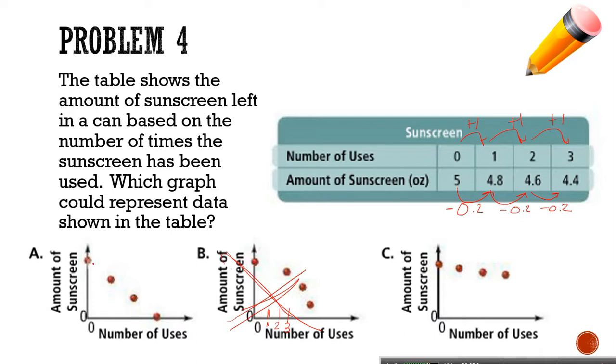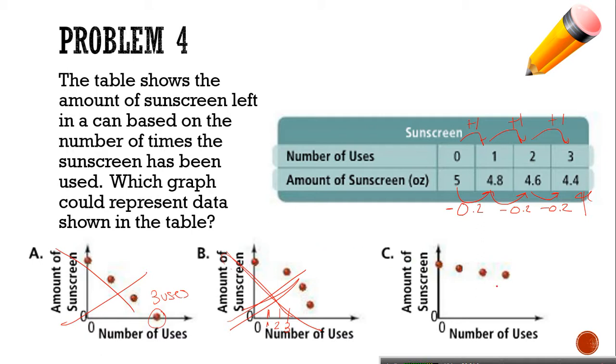Now this is a really big gap, but let's keep continuing. 2 uses, and then at 3 uses, they're saying I have 0 amount of sunscreen. Well, that's not the case. I still have 4.4 ounces left, so it can't be A.